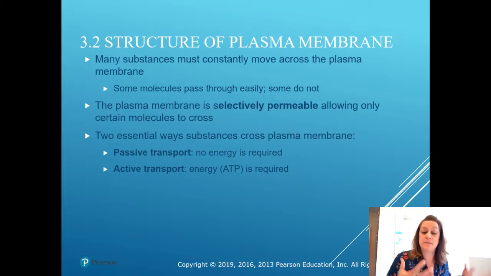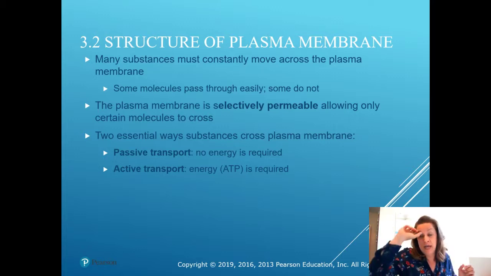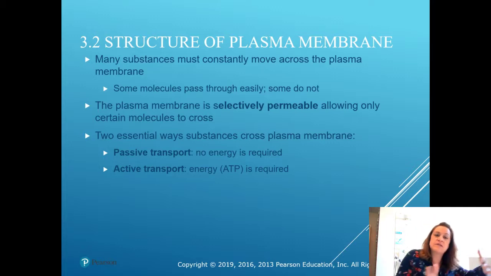So when we're talking about the plasma membrane, what we wanted to do is talk about how we're getting things across the membrane. The plasma membrane itself is what's called selectively permeable. That means certain things can pass through easily, others take more effort or energy. And so there are two essential ways. Passively, we can just have things cross the membrane with no energy.